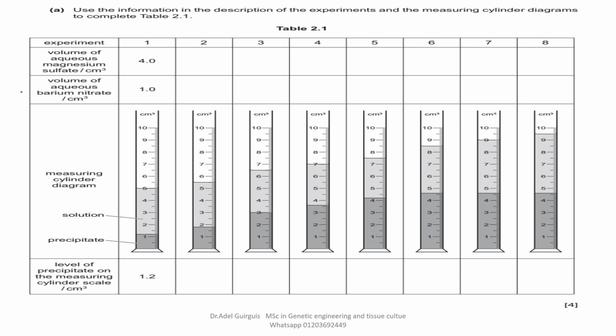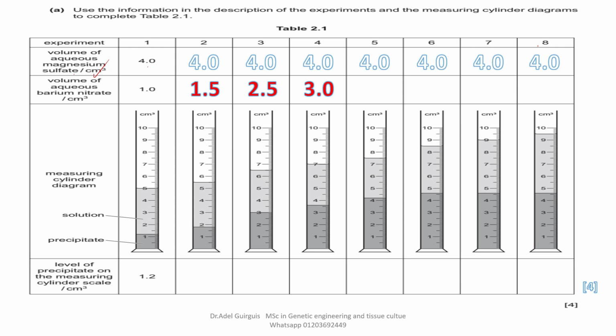The volume of aqueous magnesium sulfate is the same in the 8 experiments, so he used 4 cubic centimeter of magnesium sulfate in each experiment, while for barium nitrate he used 1, then changed it into 1.5, 2.5, 3, 3.5, 4.5, 5, and then 5.5, depending on the data provided in the question.